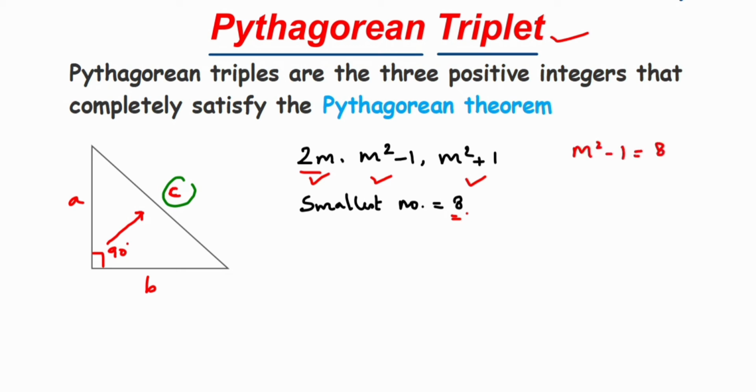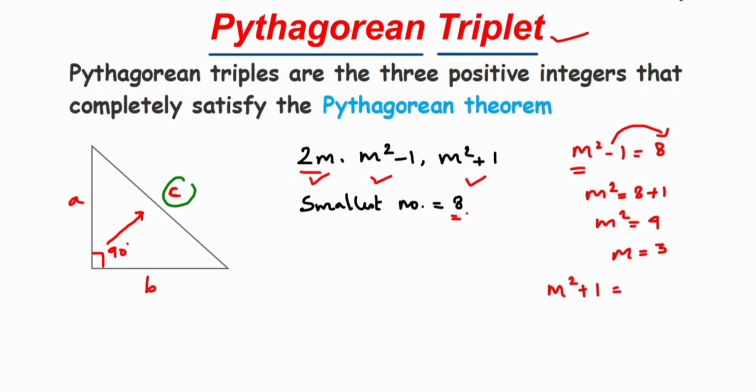We have to find the m value, so minus 1 will be transported to the other side, so m square is equal to 8 plus 1. So m square is equal to 9. So m will be equal to 3.